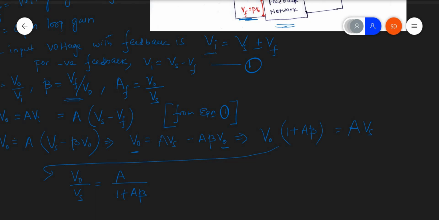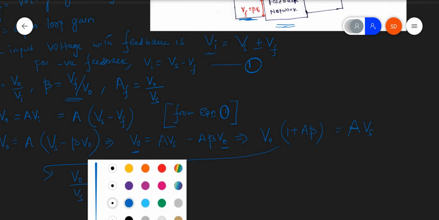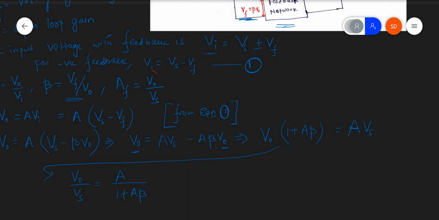We know that V naught by Vs is equal to AF. We can use this relation here. Therefore AF is equal to A divided by 1 plus A beta. So this is the expression for negative feedback in an amplifier.